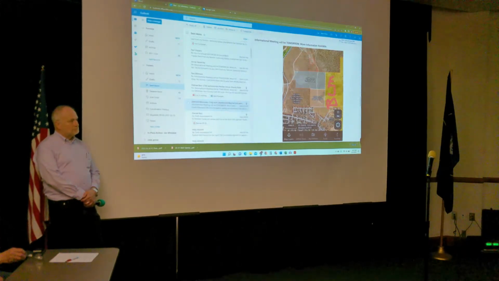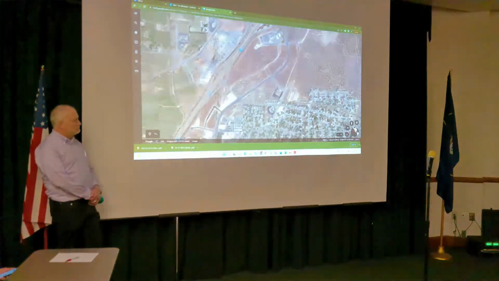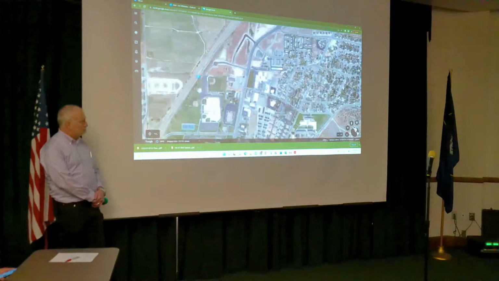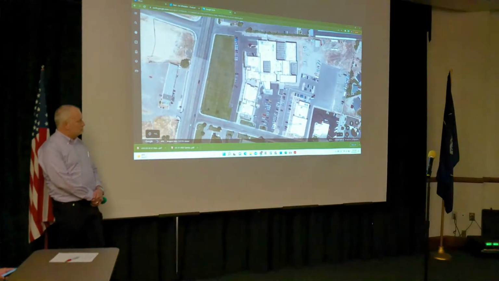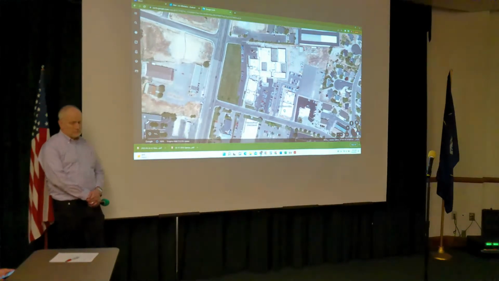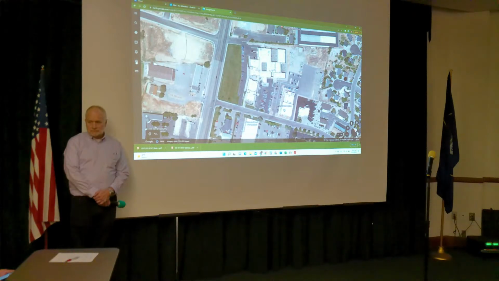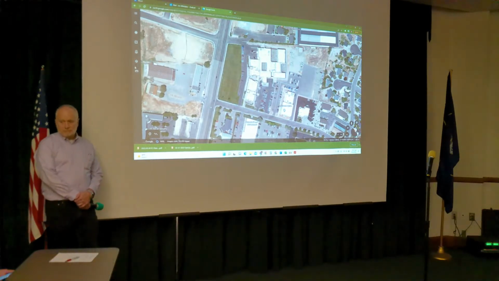I just wanted to point out that one thing that we do have is the old jail site that we are also looking for the highest and best use and can factor into this entire discussion. We are committed to not leave a hulk of a building sitting there and turning into another old hospital.